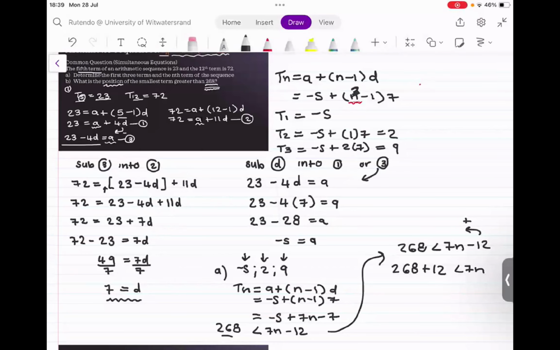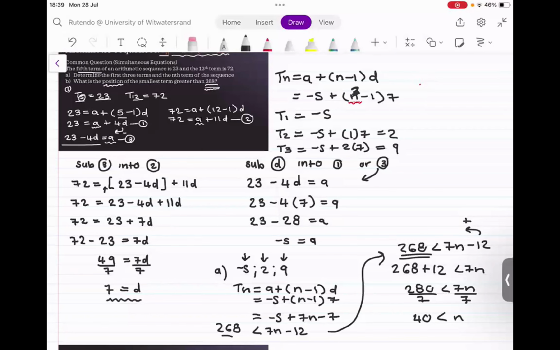268 plus 12 is 280. It's greater than 7n, and then we can divide both sides by 7. And n should be greater than 40. Perfect. So at n equals 40, we actually have a value that is 268.